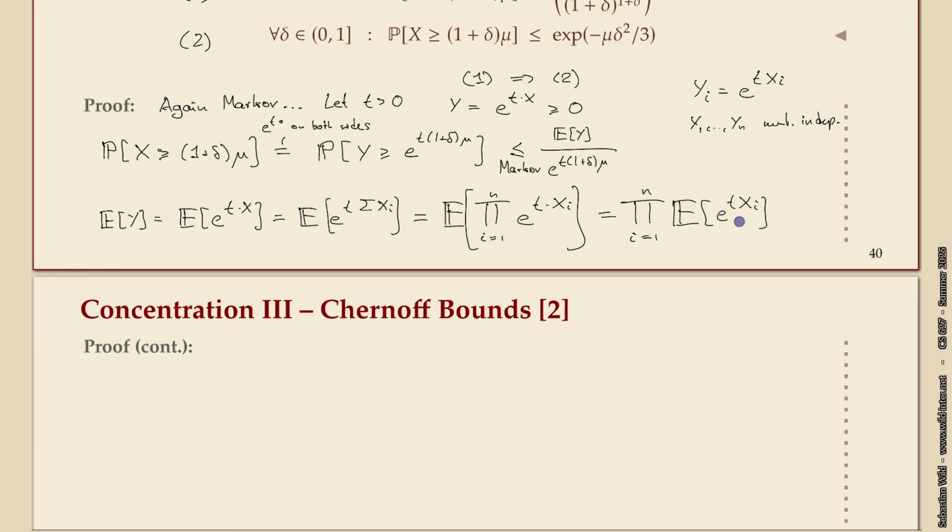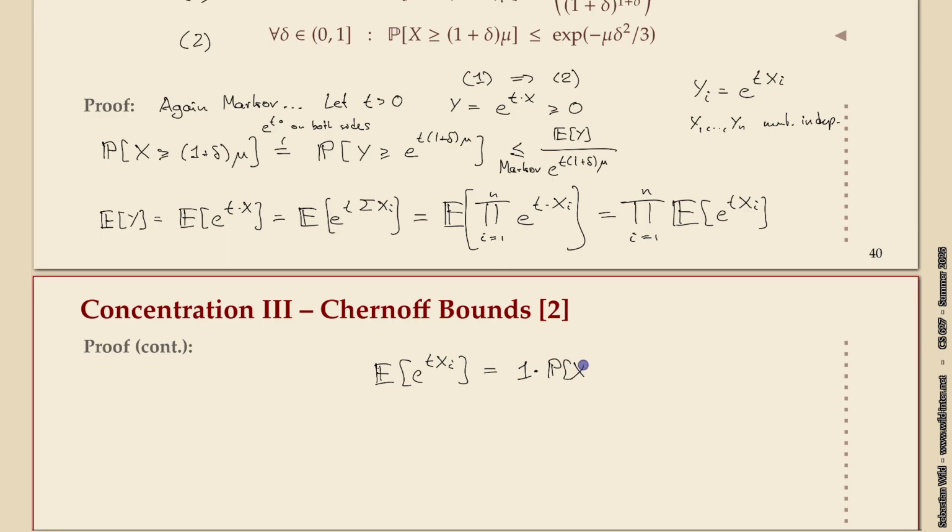then the expected value of these guys, xi is 0 or 1. So let's do another side calculation. Xi can be 0 or 1, so that's easy. If it's 0, then e to the t times 0 becomes e to the 0, that's 1. And if I plug in 1, then I get e to the t.